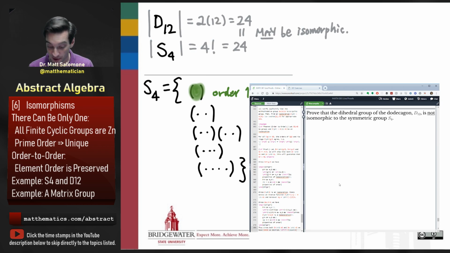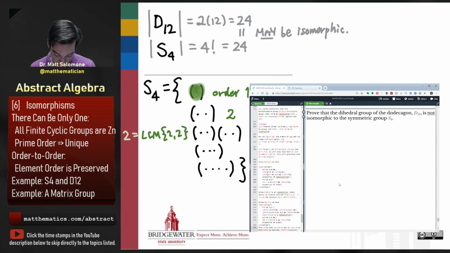So the identity permutation, of course, is going to have order 1. The 2 cycle, a single transposition, that's going to have order 2. A product of 2 disjoint transpositions, its order is going to be the least common multiple of 2 with itself. Well, least common multiple of 2 with itself is just going to equal 2. So permutations that look like this are going to have order 2 as well.